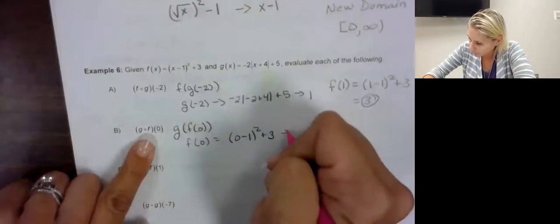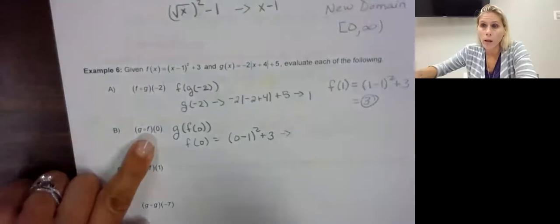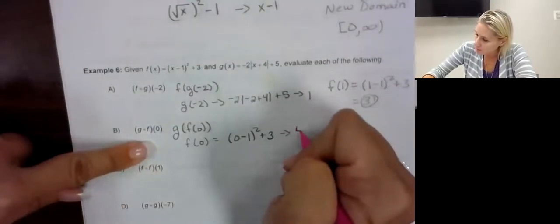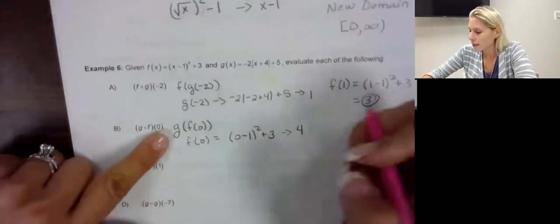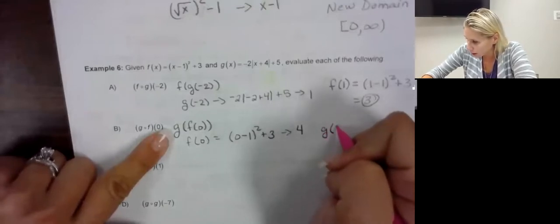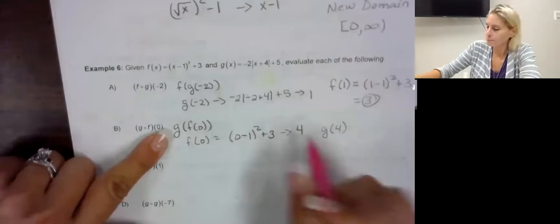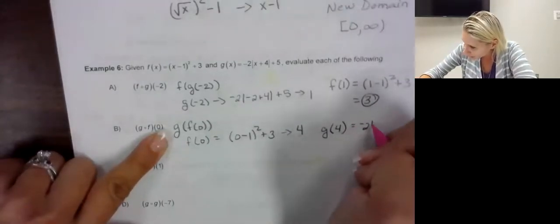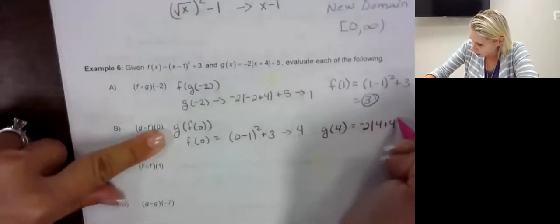If I simplify this, well, 0 minus 1 is -1. -1 squared is 1. 1 plus 3 is 4. Now, again, that's just f of 0. So now it's telling me to plug it into my g. But now I'm going to evaluate that at 4. -2 times absolute value of 4 plus 4, plus 5.